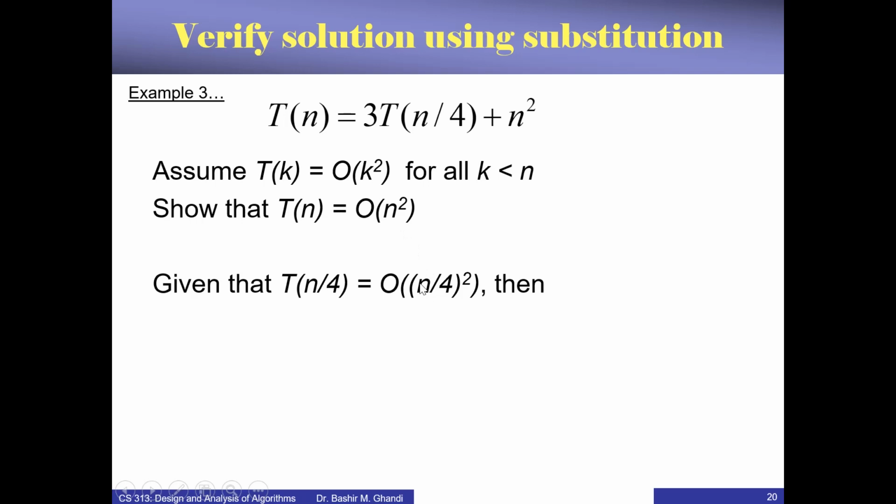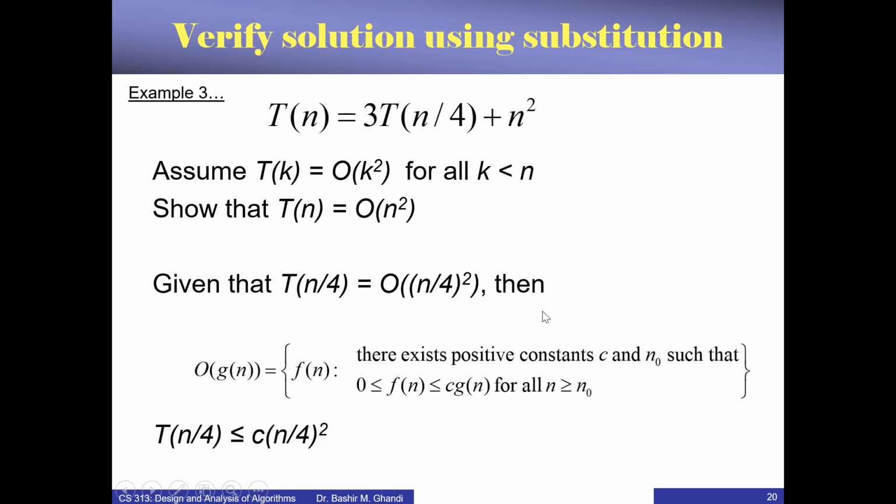So substitute n over 4, and we will have T of n over 4 will be big O of n over 4 all square. And that means we can actually represent it as a constant c times n over 4 square. And the T(n over 4) will be less than or equal to c that, based on the definition of big O. So now it is this we are going to substitute back into our Tn.